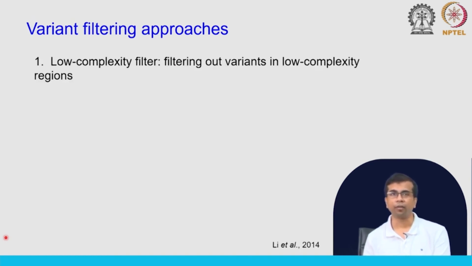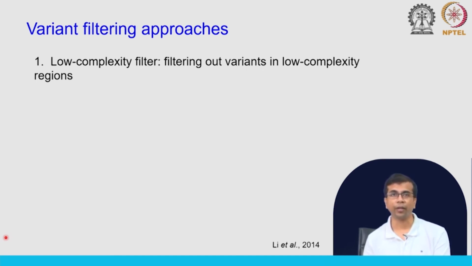One is called the low complexity filter. Here we filter out variants that are present in low complexity regions. This is being conservative, as we have discussed. In low complexity regions, we have alignment issues, which means we can get a lot of erroneous variant calls, SNPs as well as small indels.